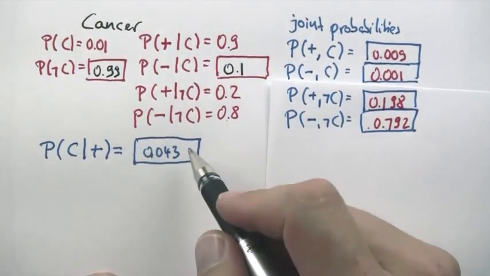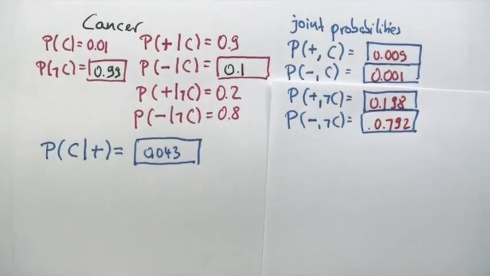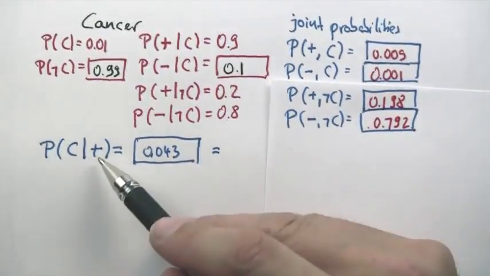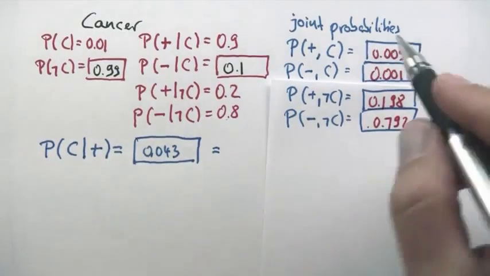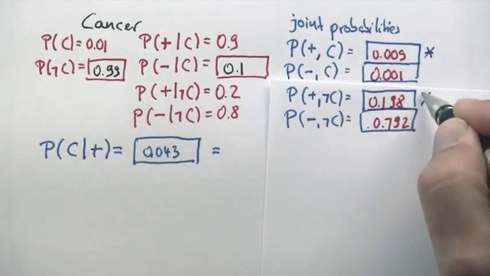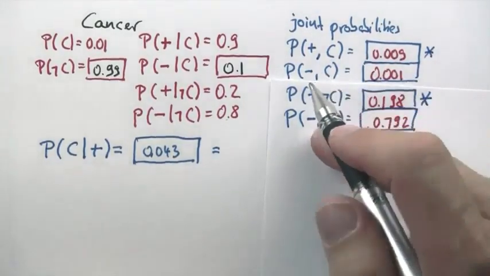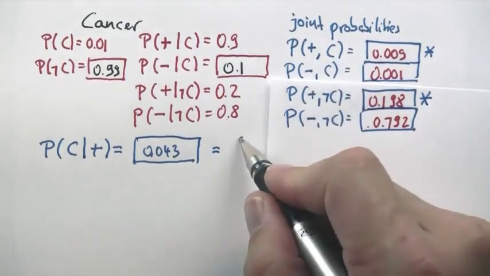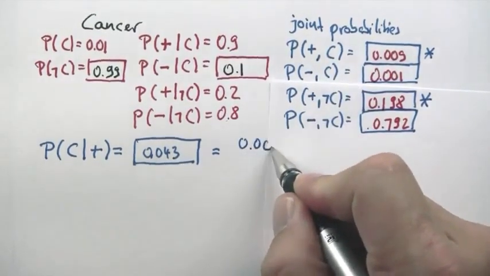Now how come this value is so small? Well, let's just put all the cases together. We already know that we received a positive test. Therefore, this entry over here and this entry over here are relevant. Now, the chance of having a positive test and having cancer is 0.009.